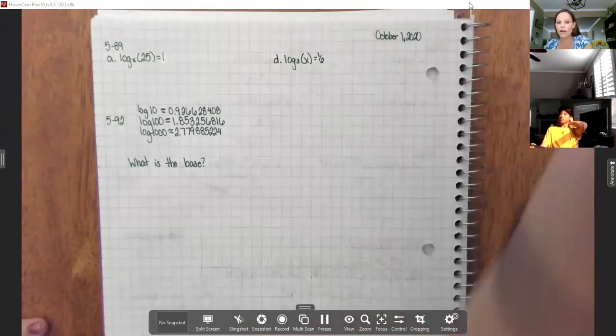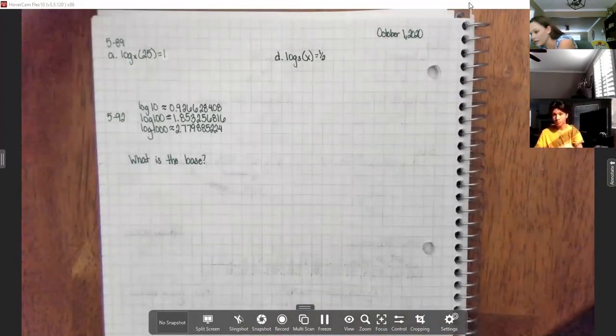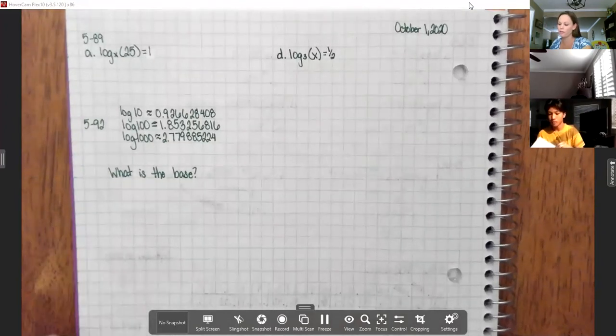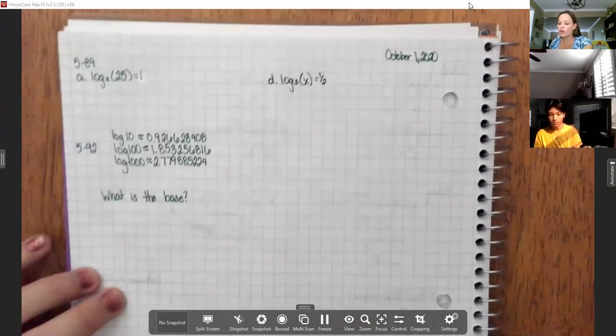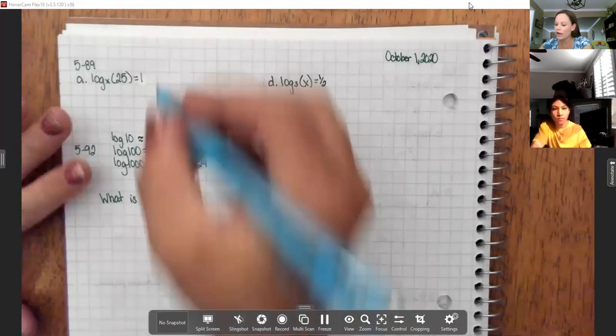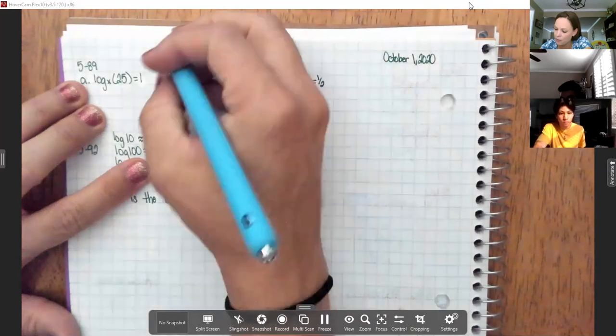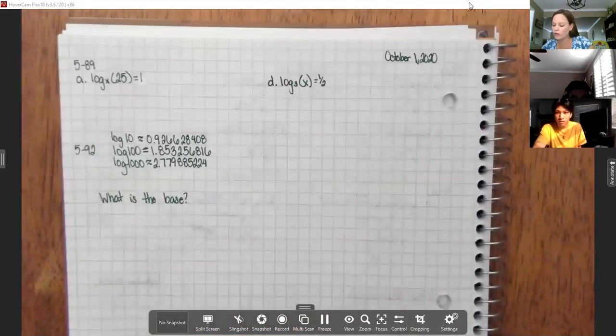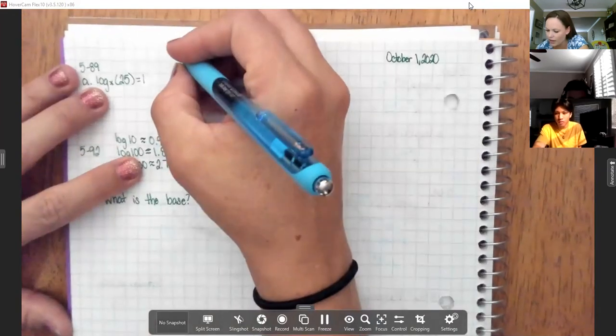So here on 89A, it was log base x of 25 equals 1. In general, I just want to remind us, we never took notes on this formally, and we will hopefully next week.